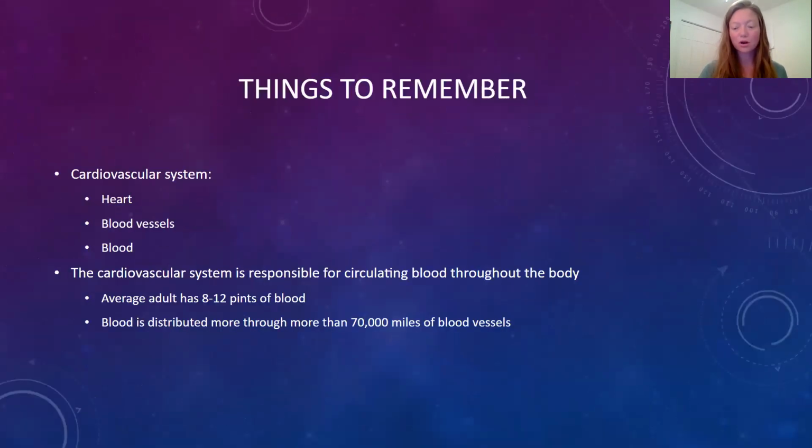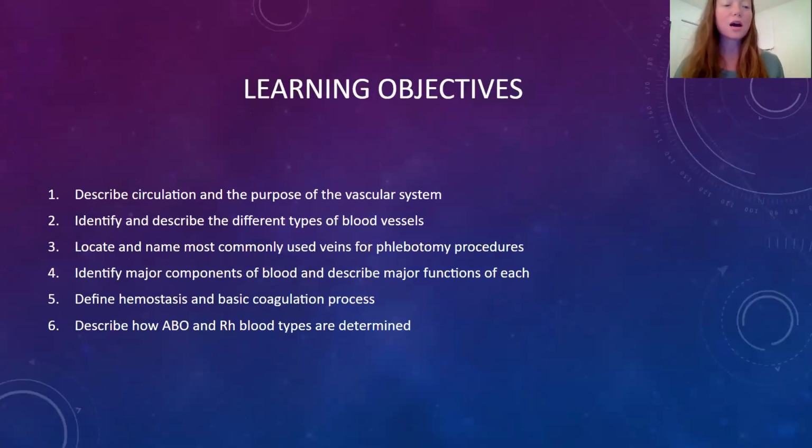So when we're talking about the cardiovascular system, again, I'm going to talk about several things in this lecture, including how the blood is circulated through our heart and body, the purpose of the vascular system, commonly used veins that you as phlebotomists are going to use for draws and venipuncture, major components of the blood, because you do need to have an understanding of that and the function of each of those components.